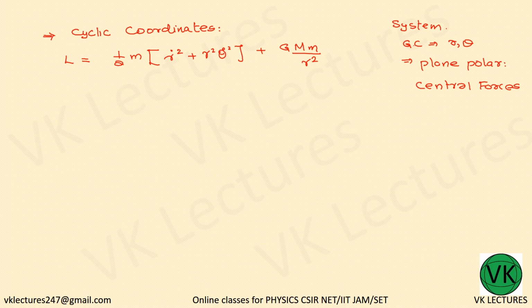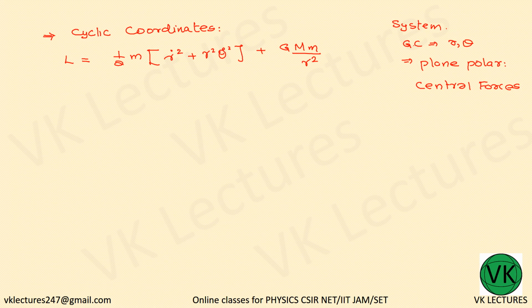This is gravity between two objects. Similarly, we have the electrostatic force, which is again a central force, and the force between the earth and the sun, which is again a central force. All those forces can be represented in plane polar coordinates.